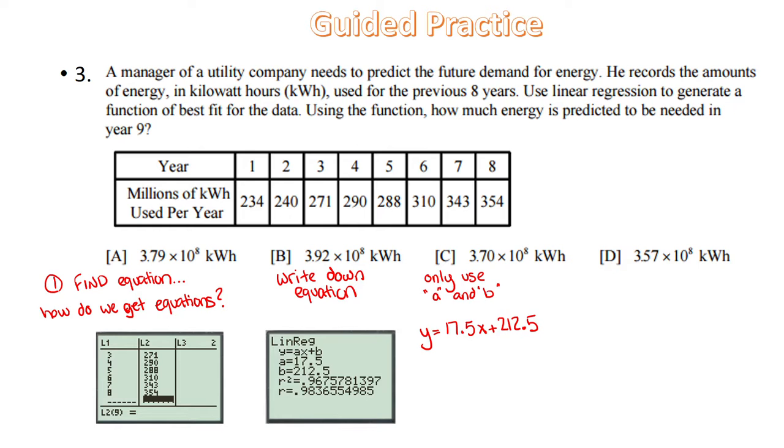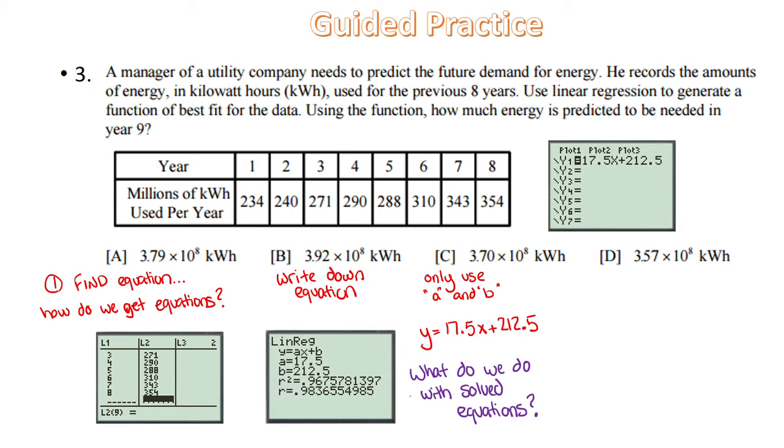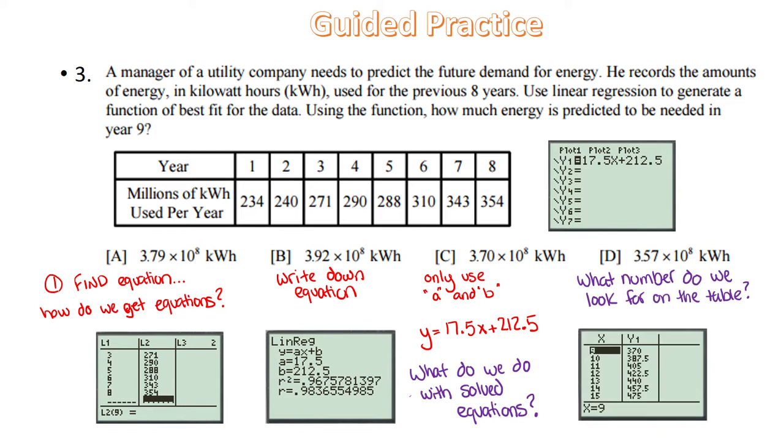We need to make sure we write that down because in order to make a prediction, we're going to use our y equals key and then go to our table. And since we're predicting year 9, we're going to go all the way down to 9 and we see 370. Now our answers are in scientific notation, so they just put a decimal place after the 3.